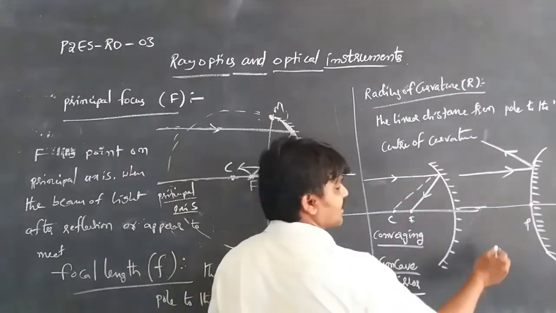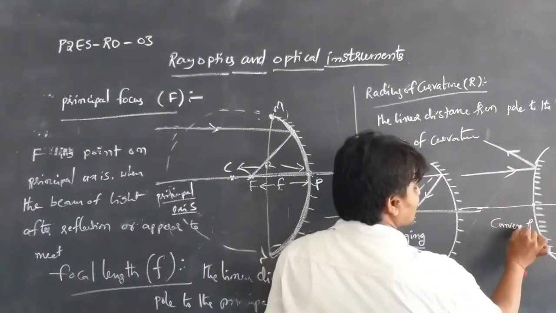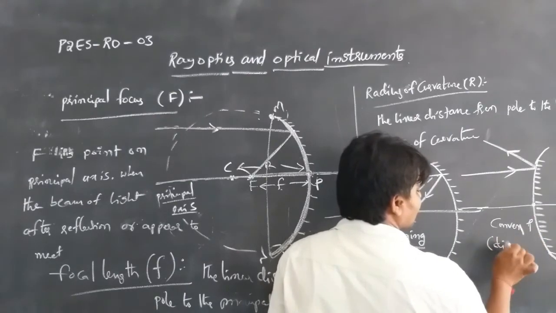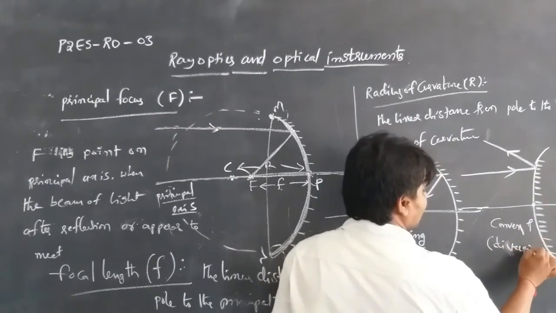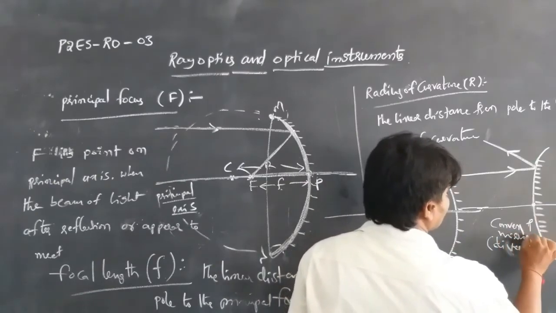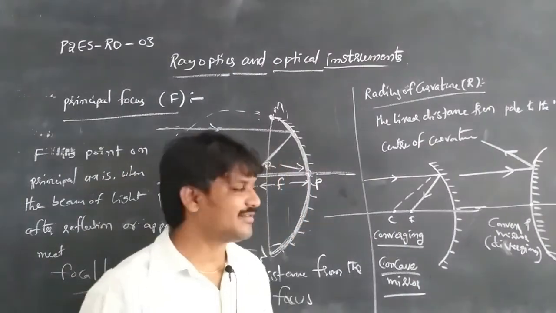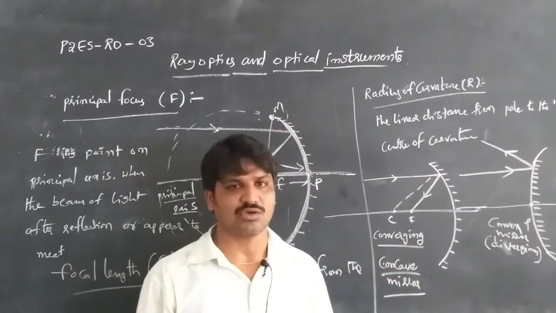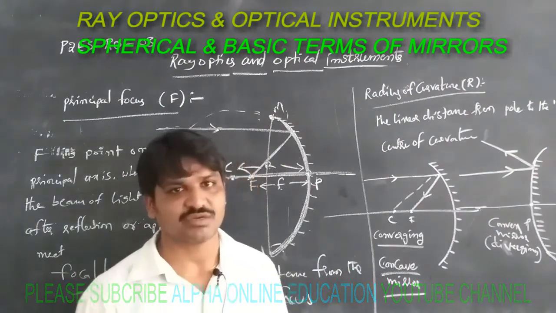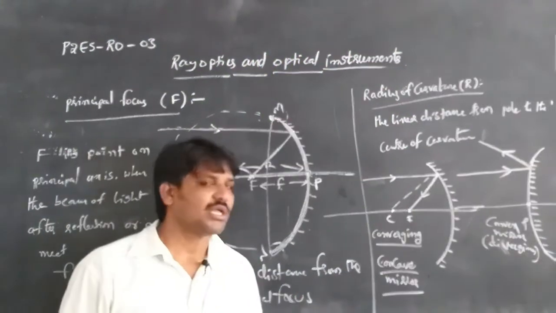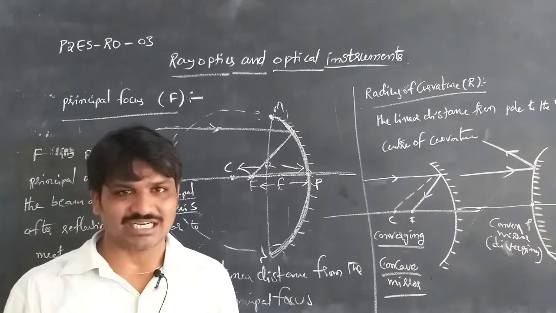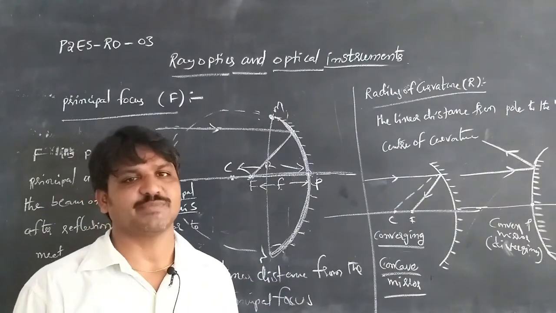So we can say the convex mirror is also called a diverging mirror, while a concave mirror is called a converging mirror. These are the basic terms involved in spherical mirrors.